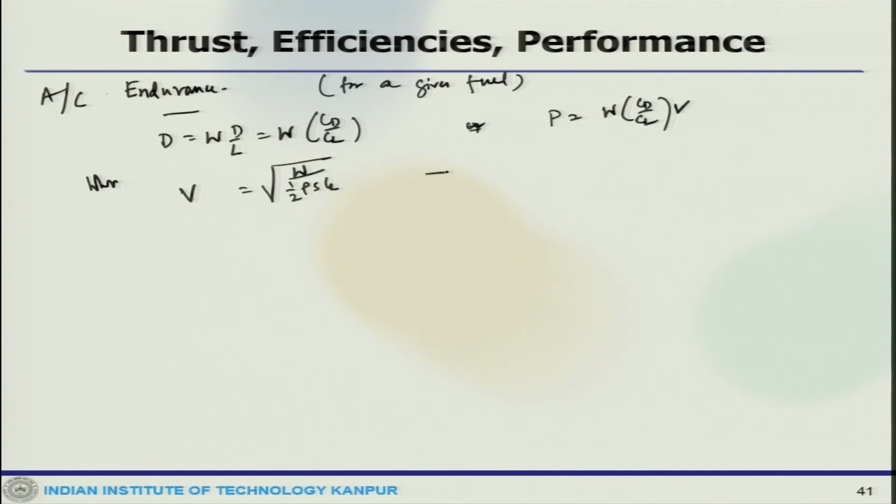So that gives us power as the square root of W cube by half rho S times (C_D by C_L to the power 3 by 2).